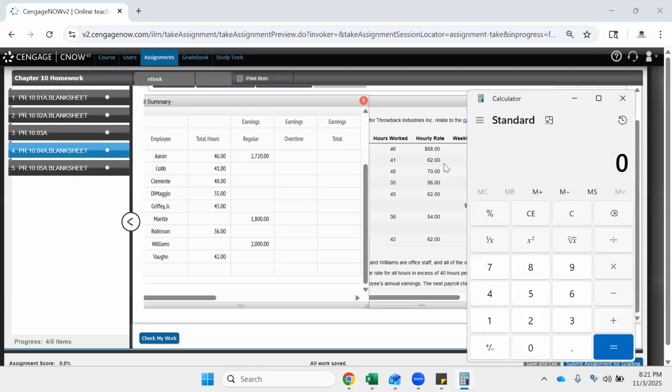And overtime earnings was 6 hours times 1.5, because we get time and a half for overtime, times $68, is 612. And 612 plus 2,720 is 3,332.